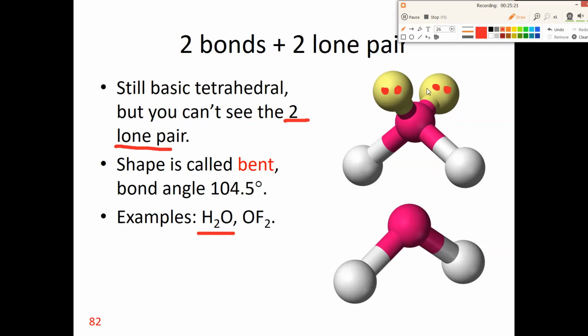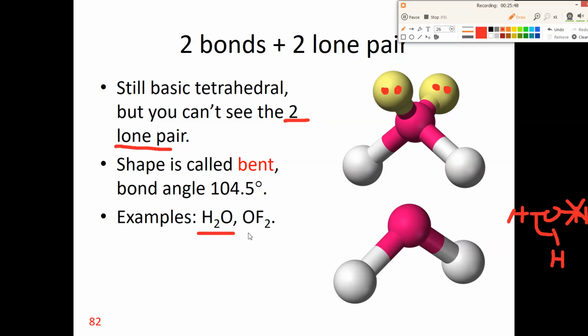However, the two lone pairs are going to take space, so water is not going to be linear. Water is going to be a bent structure. So this bond is not linear, it's going to be bent, because there are two lone pairs on oxygen.